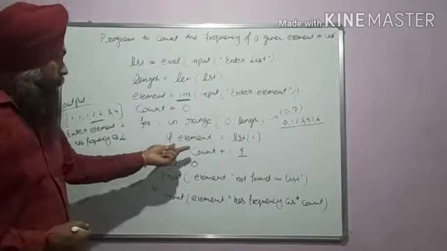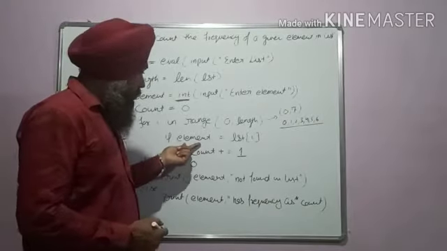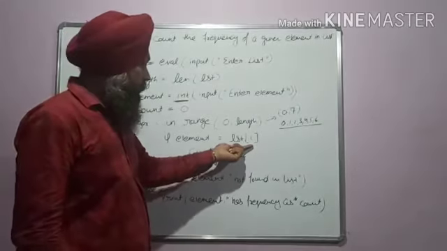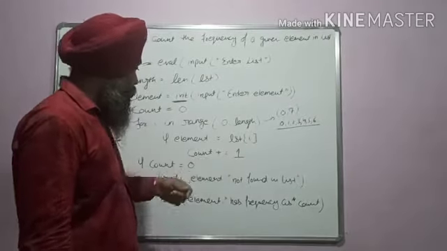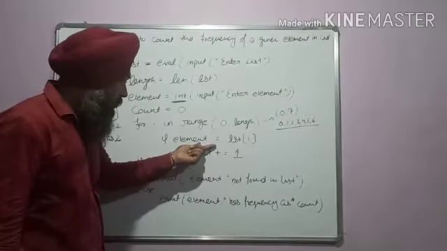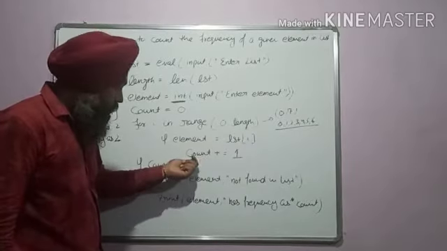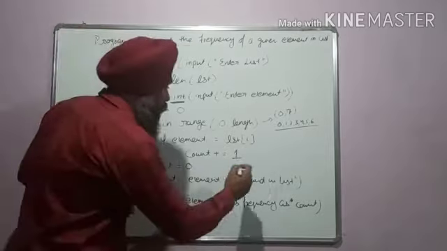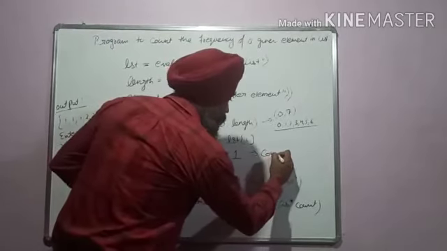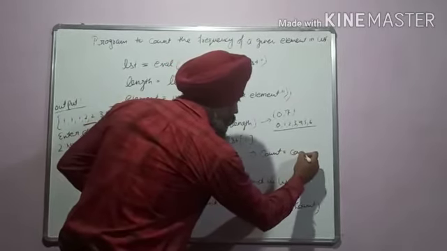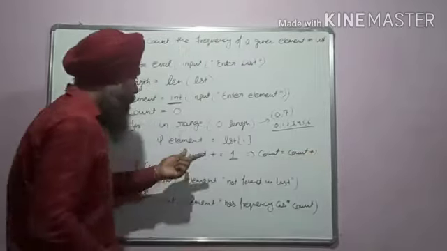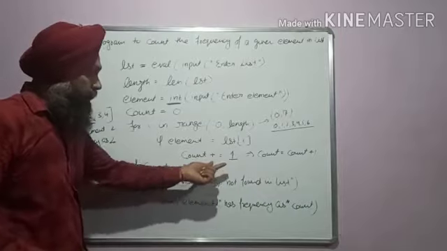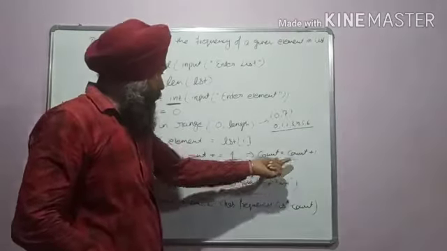So here we compare the element with the elements which are present at the different indexes. If we find the element in the list, then count plus equal to 1. So this statement is count equal to count plus 1. If we find the element in the list, then the value of the count will be increased by 1.